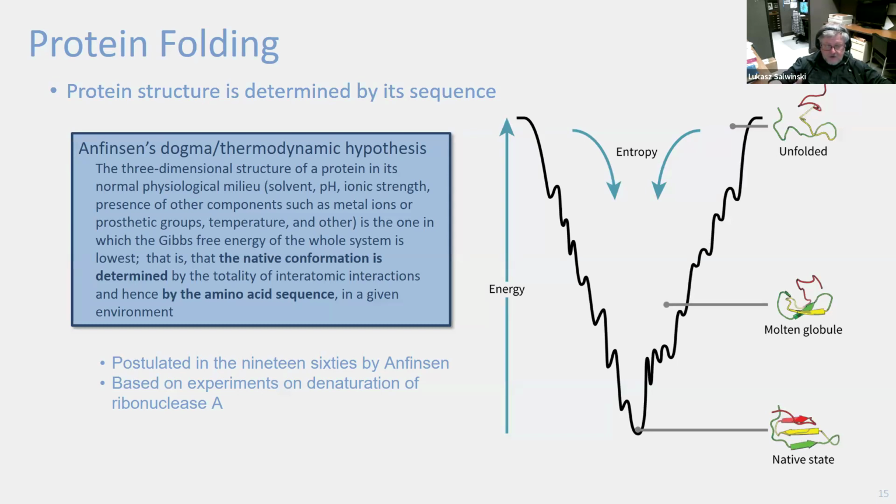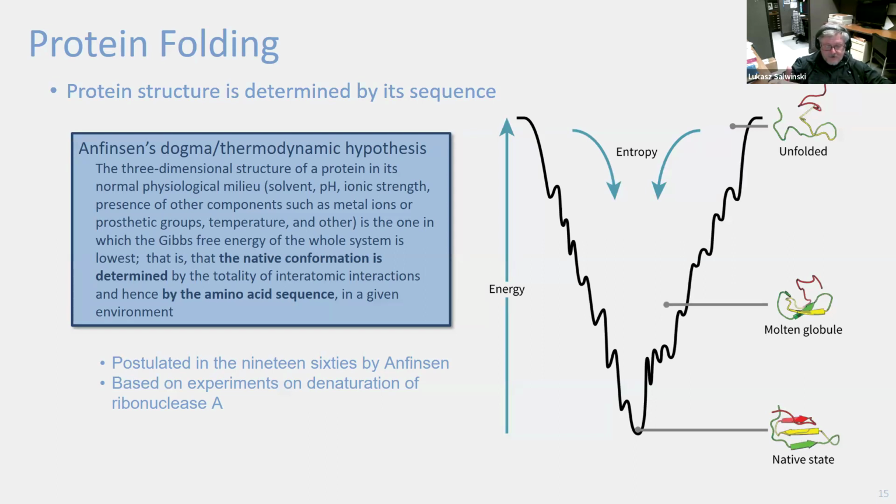Anfinsen did. This was the basis of his hypothesis or dogma, whatever you call it, that states that the three-dimensional structure of a protein is determined by its sequence. That's the short version.